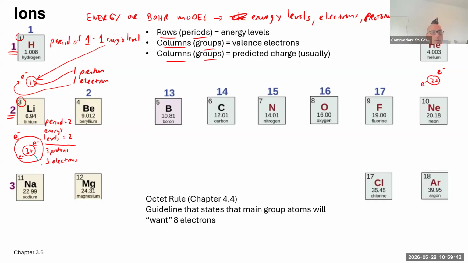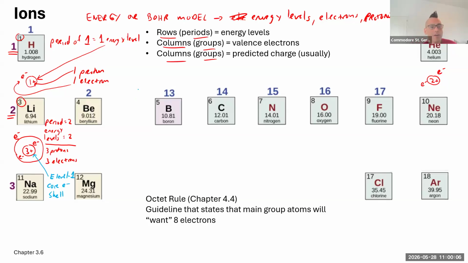I'll label this. E is going to be energy. So energy level equals one, and that's what's called the core electron shell.